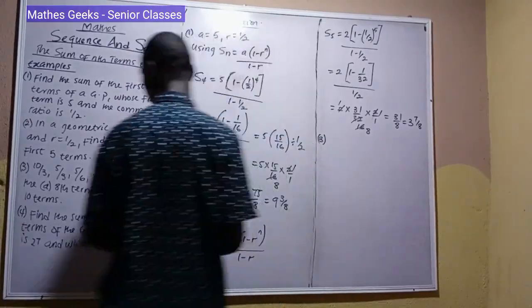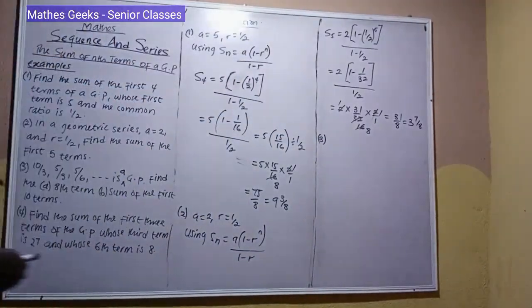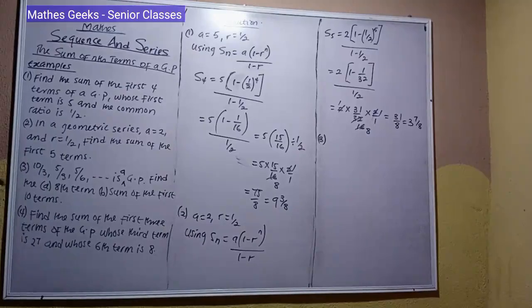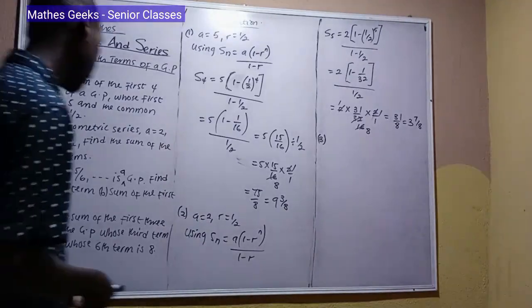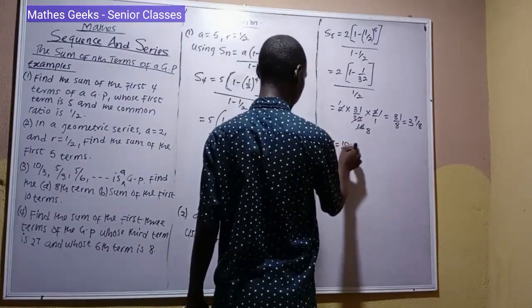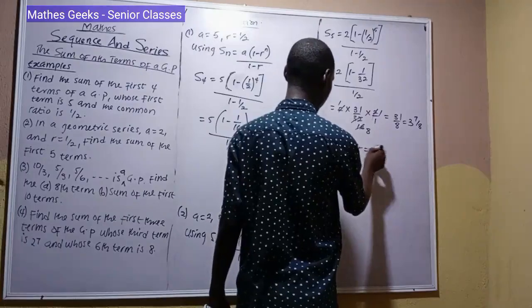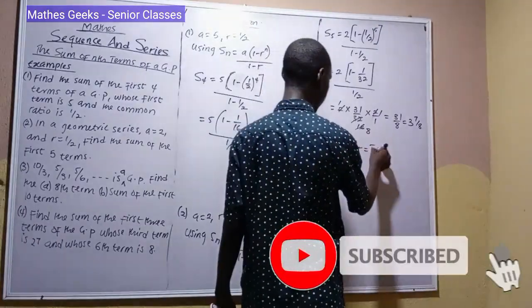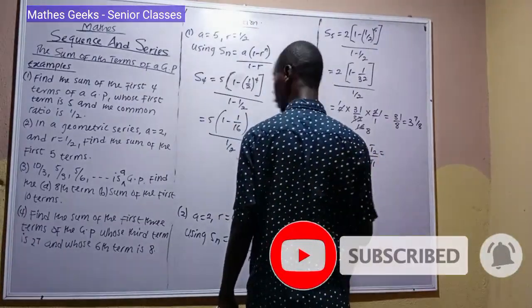Number 3. 10 over 3, 5 over 3, 5 over 6 is a GP. Find the 8th term and the sum of the first 10 terms. So A is 10 over 3. Common ratio is T2 over T1.